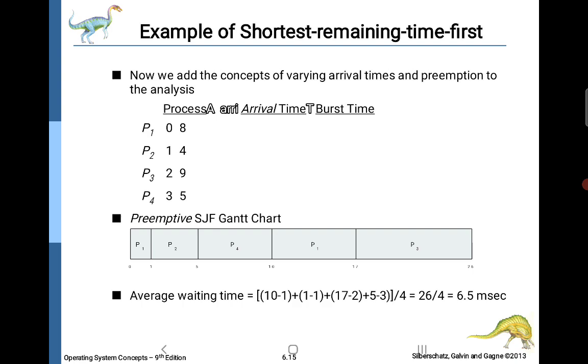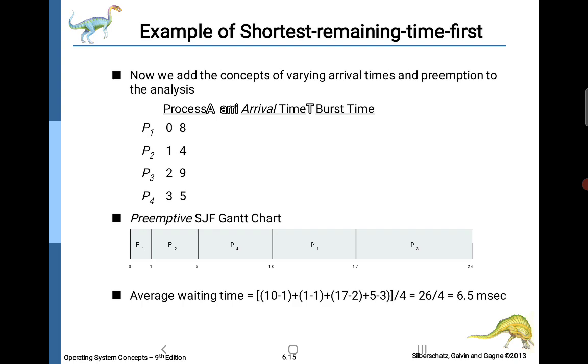If I am a process executing in the CPU and I need 6 time units, and a process entered the ready queue at this moment and it needs only 4, and I have 6 yet to go, I will be forced out of the CPU, and the one that needs less time will be allowed in the CPU.